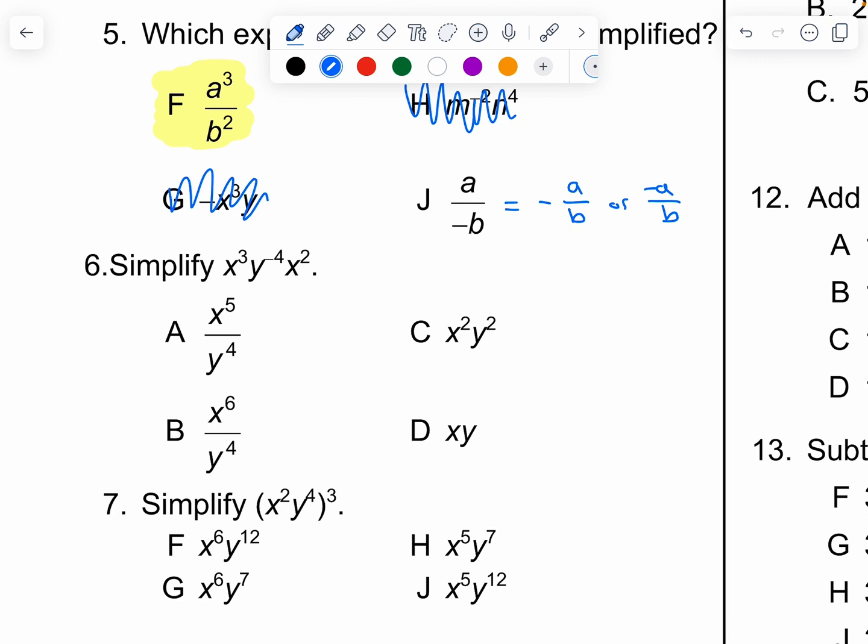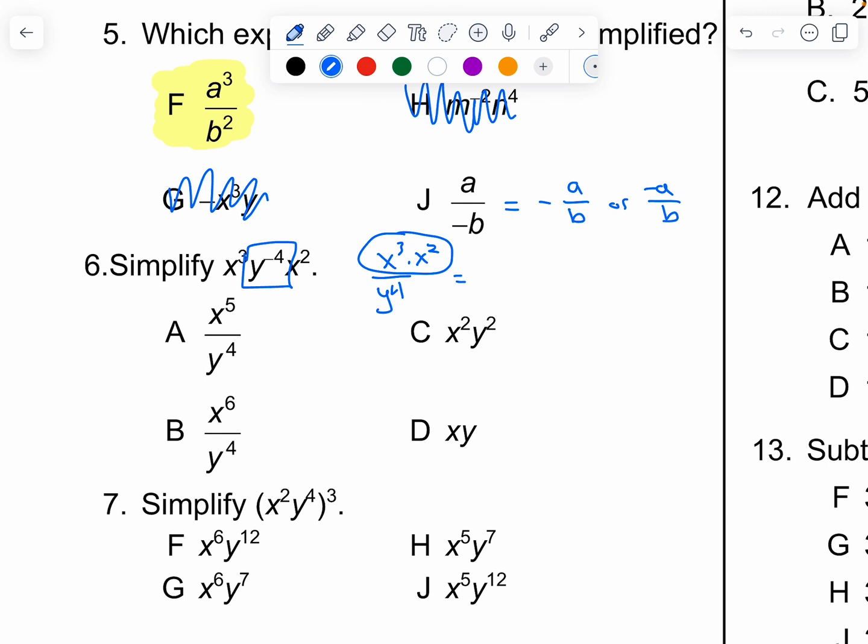All right, one more time. This y is going to flip to the bottom. So we'll get x to the third over y to the fourth and then x to the second. And then on the top, we have two x terms, x to the third and x to the second.